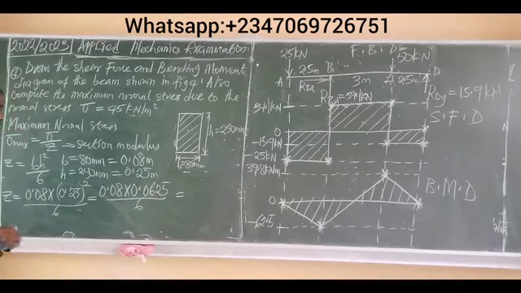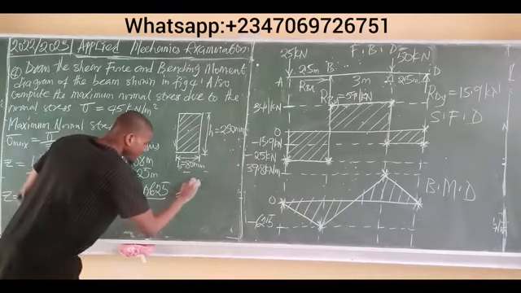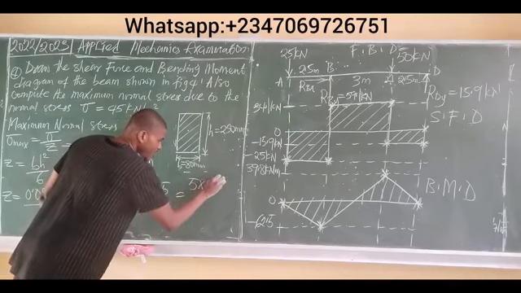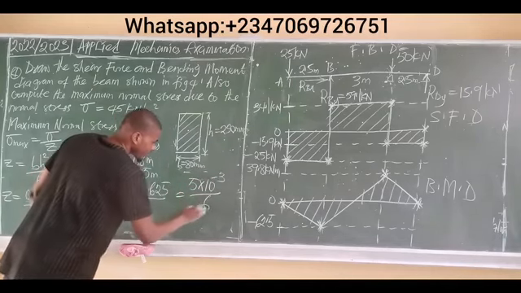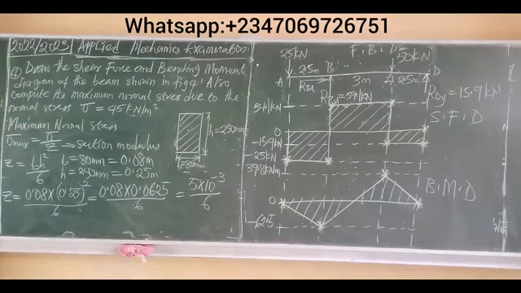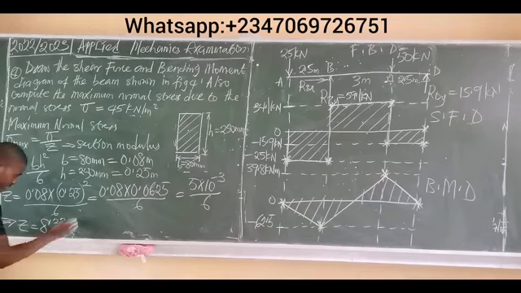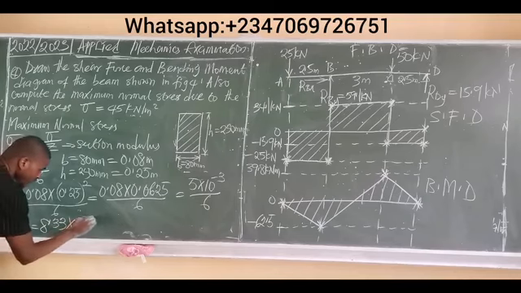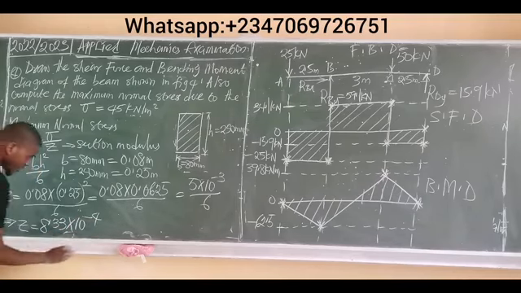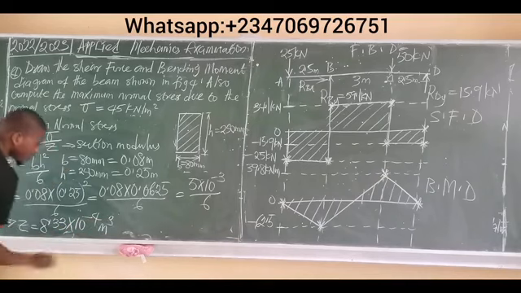Now 0.0625 multiplied by 0.08 gives us 5 by 10 to the power of minus 3, all over 6. So let's obtain 5 by 10 to the power of minus 3 divided by 6. This implies that the section modulus Z is equal to 8.33 by 10 to the power of minus 4 meters cubed. All right, so this is now our section modulus.